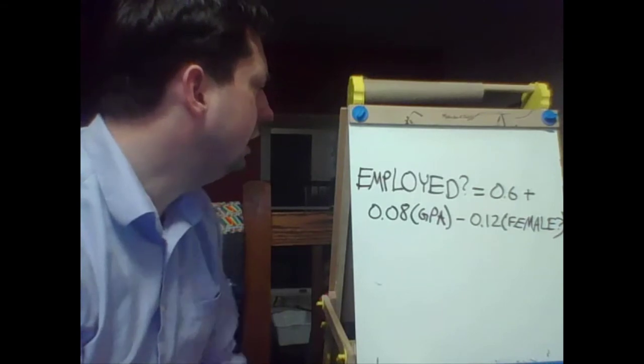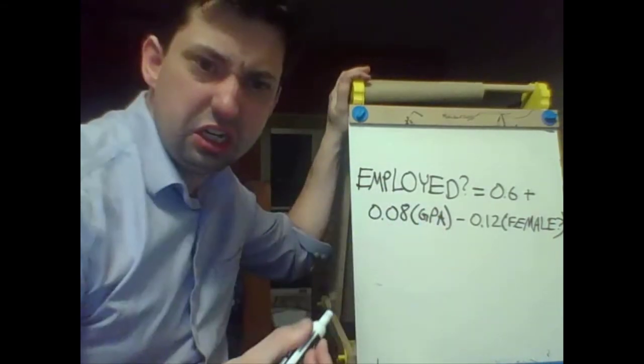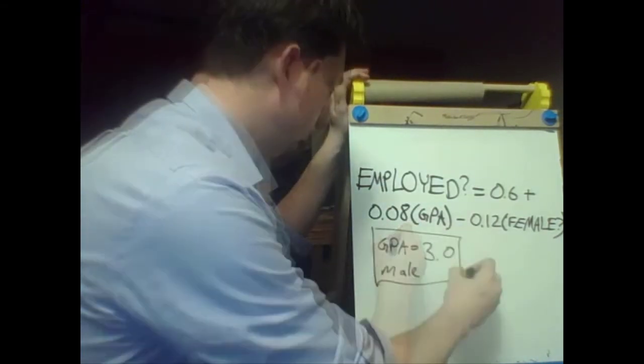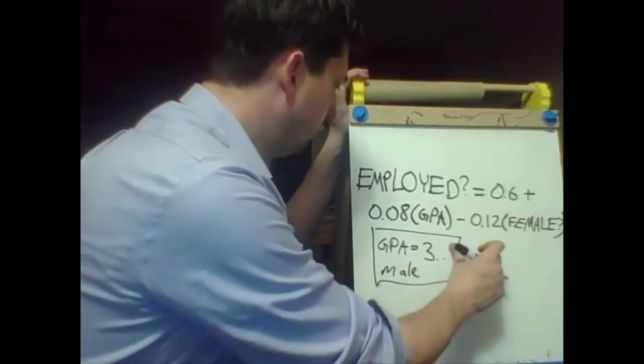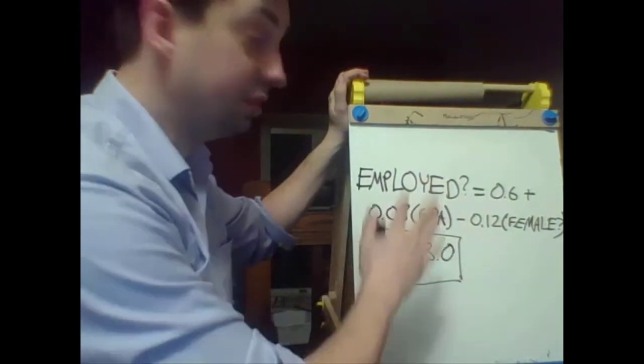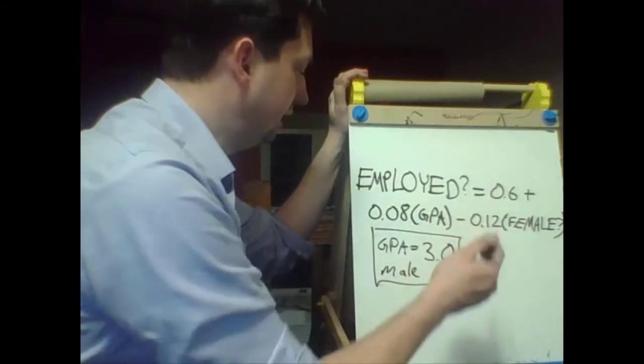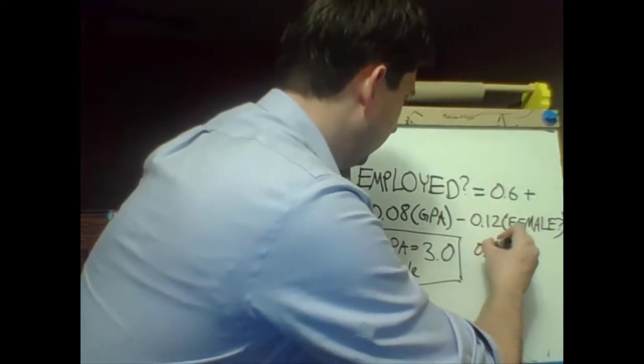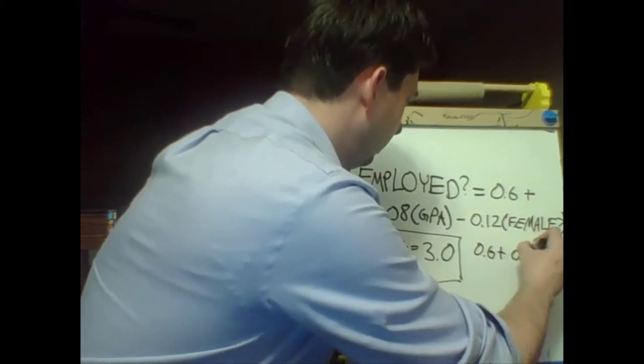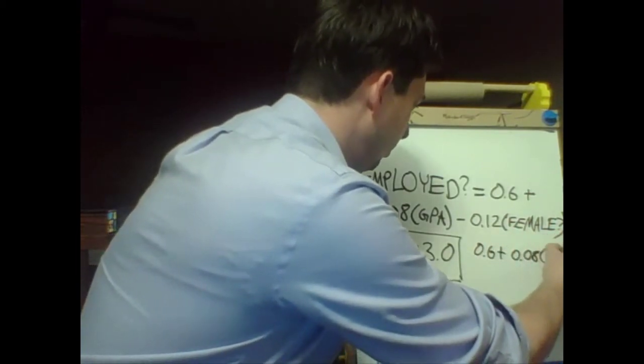What would it mean if we wanted to predict someone's employment? So a male with a 3.0 GPA, if we plug that in, where male means the dummy variable is 0, would be 0.6 plus 0.08 times 3.